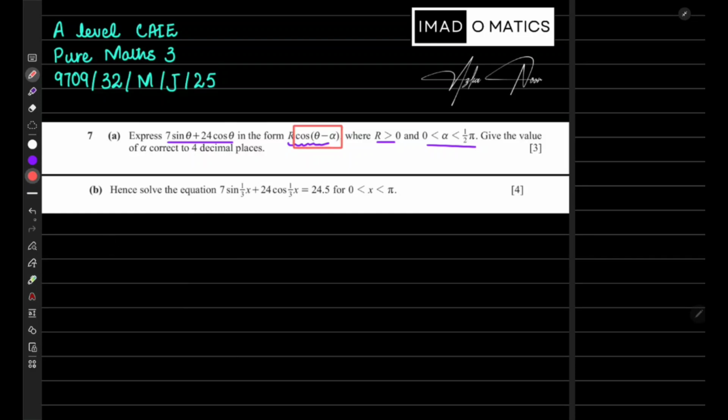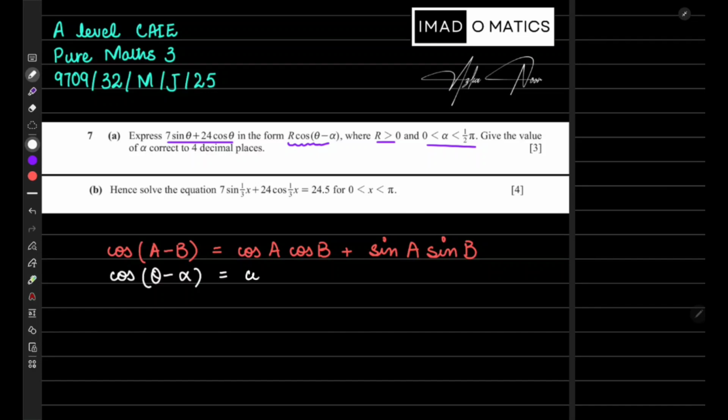The formula says cos(A minus B) is equal to cos A cos B plus sin A sin B. Okay, this is your formula. We will be using this in terms of theta minus alpha. So cos(theta minus alpha) would be cos theta cos alpha plus sin theta sin alpha.